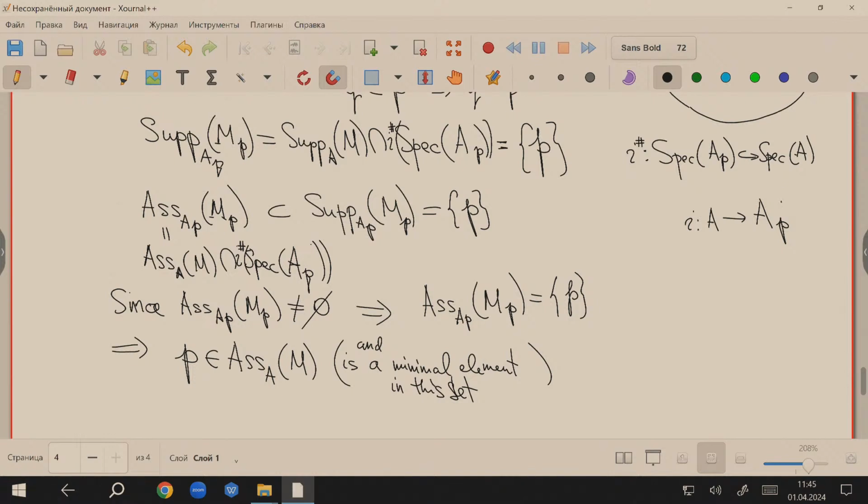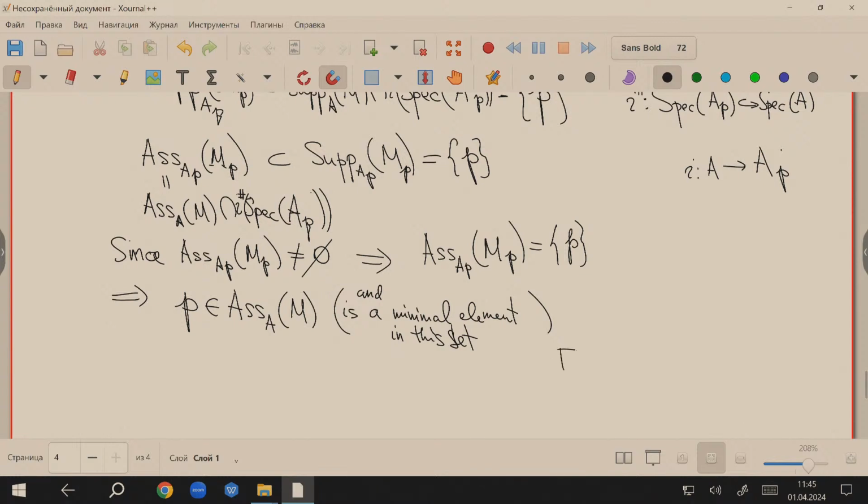Это просто мы как бы посмотрели на него через лупу, выбросили все лишние элементы, оказалось, что он там сидит один, и просто потому что множество ассоциированных простых не пусто, оно должно совпадать с этим P. Ну и отсюда следует, что P уже лежит в множестве A. Вот. Ну хорошо. С этим все.